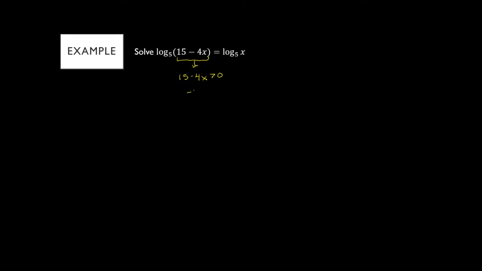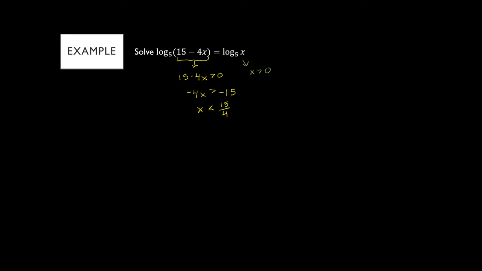If you subtract 15 from both sides, you get 4x needs to be greater than negative 15. Then when I divide both sides by negative 4, remember that that changes the direction, and this becomes x is less than 15 over 4. On the right, we just know that x has to be greater than 0.